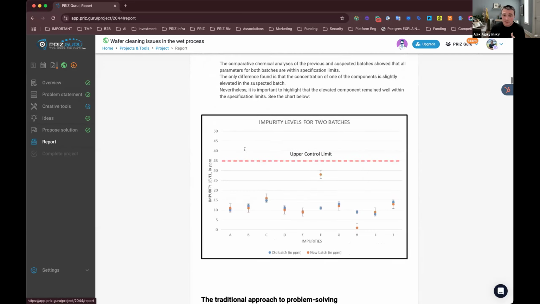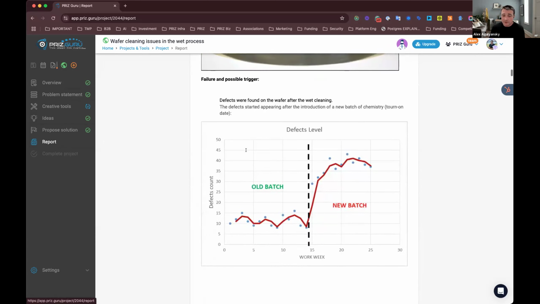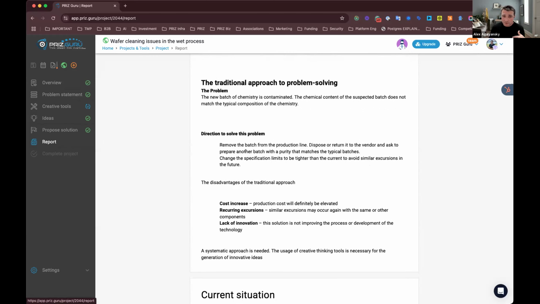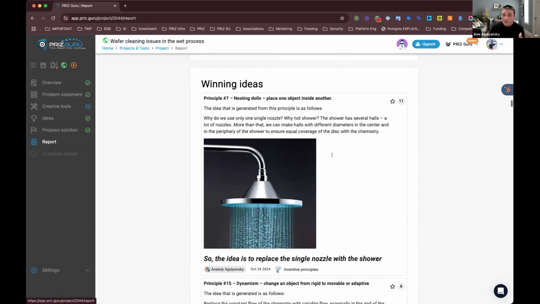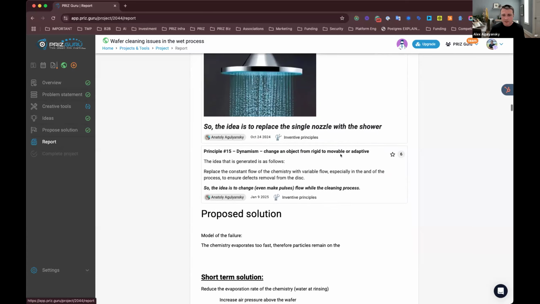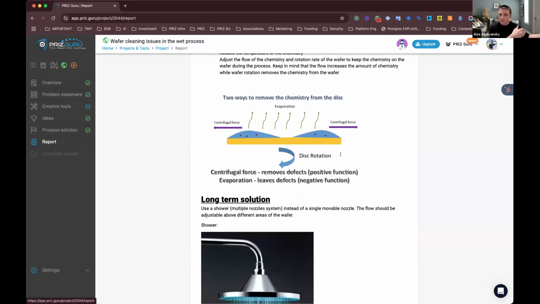And that report includes everything inside this project, from the very beginning of the definition and the background, to the definition of the problem statement, to also winning ideas, because as we're working through the process, we're generating ideas for solutions or potentially even the reasons for the causes, and so everything is documented inside the platform, and of course the proposed solution, right? That's the preventative actions or potentially even corrective actions.